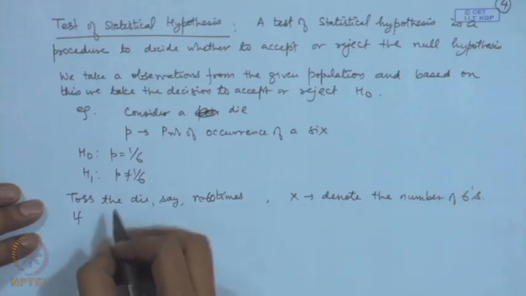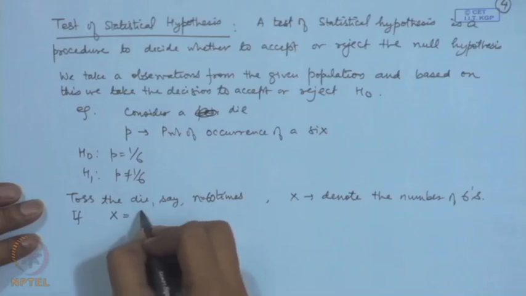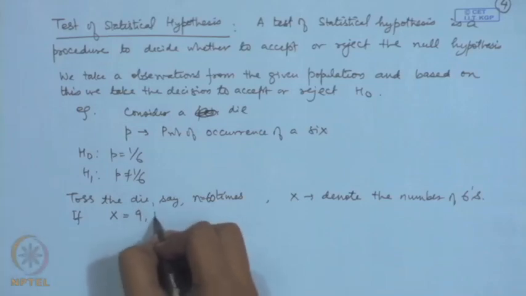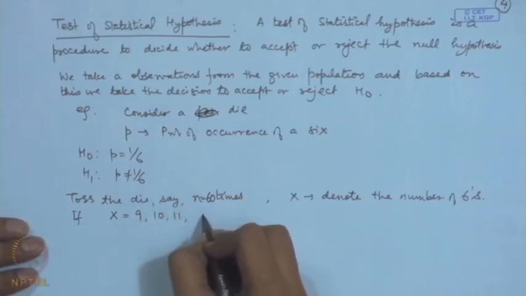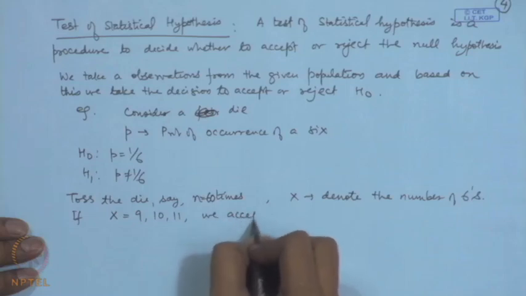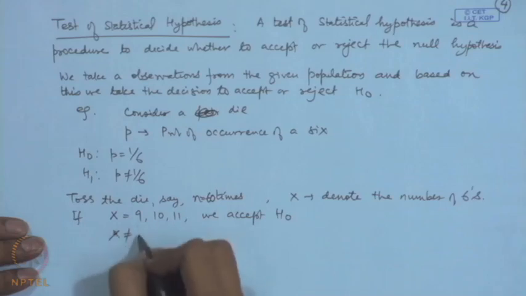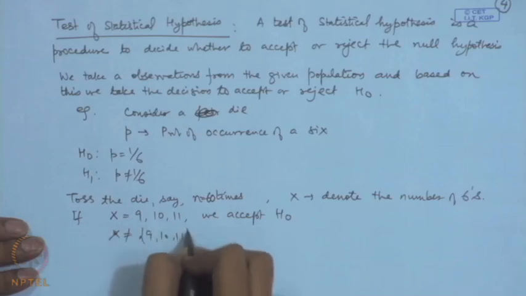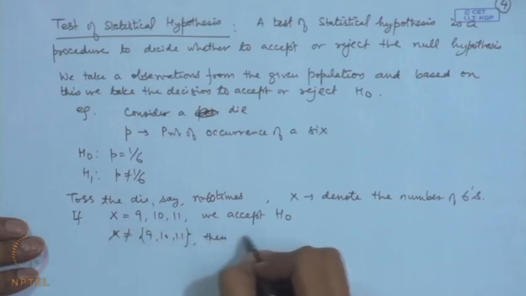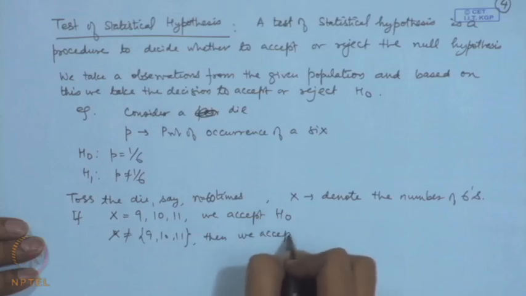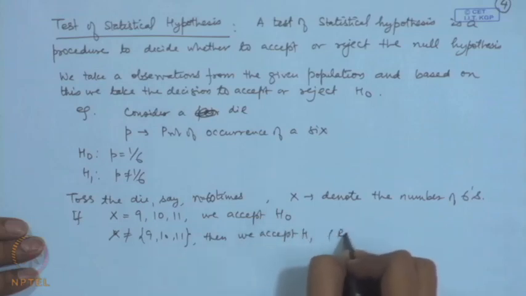So, if x is say 9, 10, 11, we accept H naught, and if x is not equal to these numbers, then we accept H 1, or you can say reject H naught.